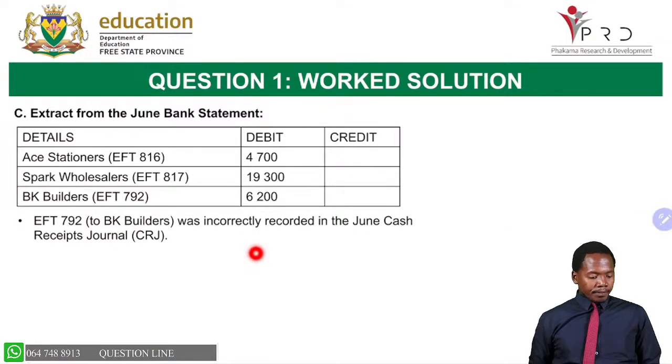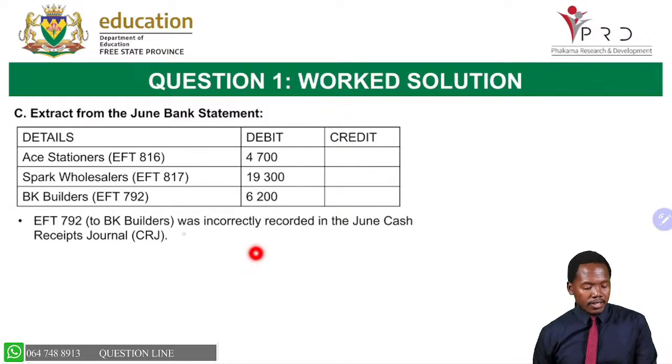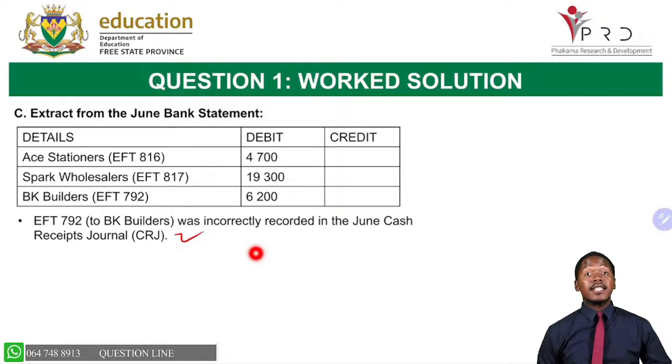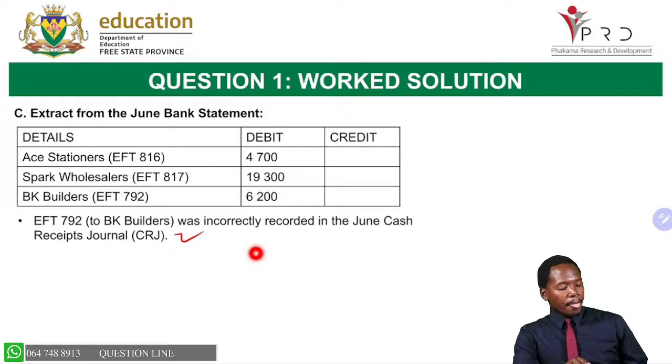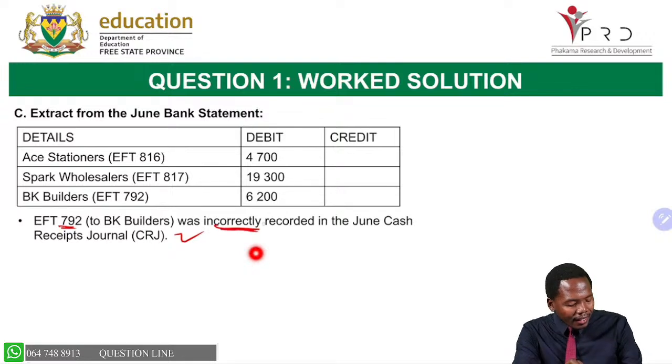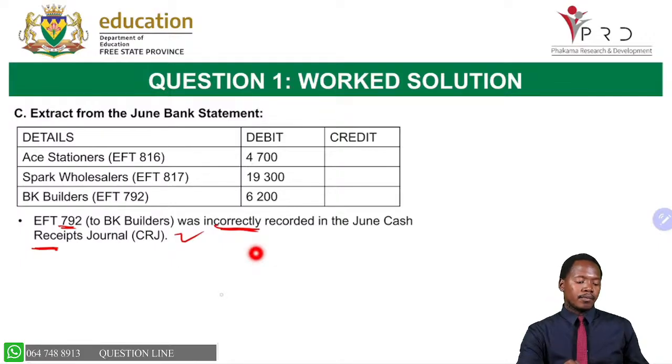Now let us move on. Here we have our information from the bank statement, and let's look at the transaction. It says EFT 792 to BK Builders was incorrectly recorded in the June cash receipt journal.